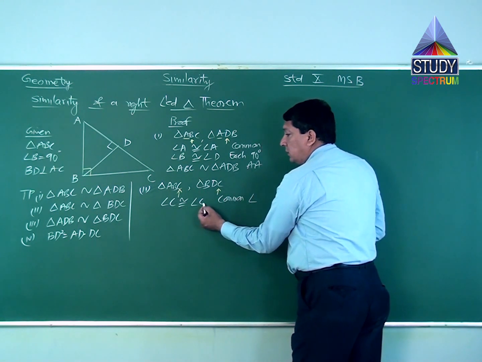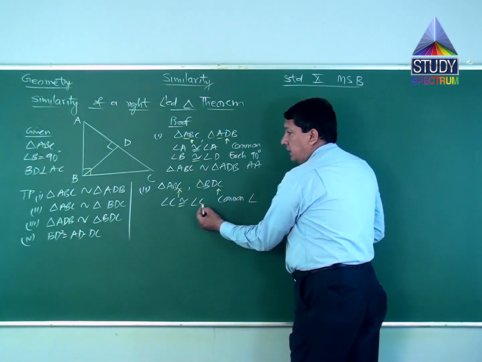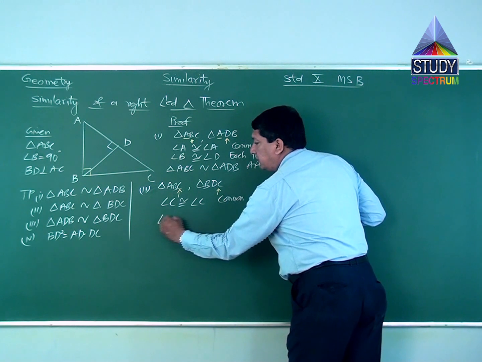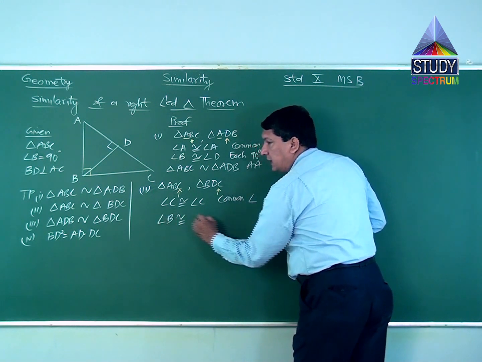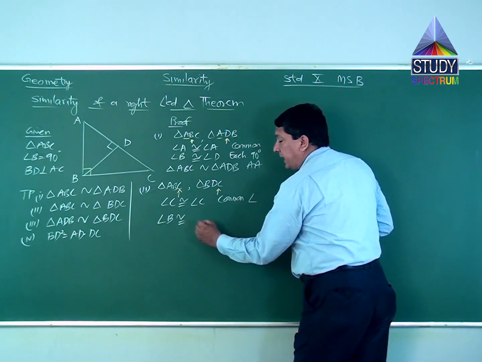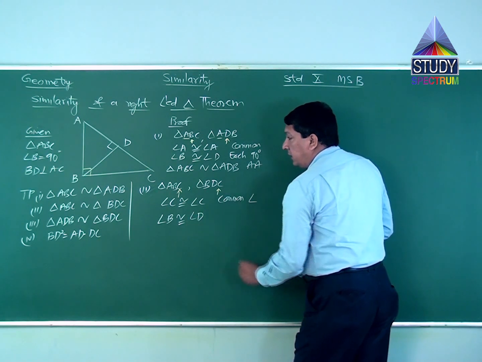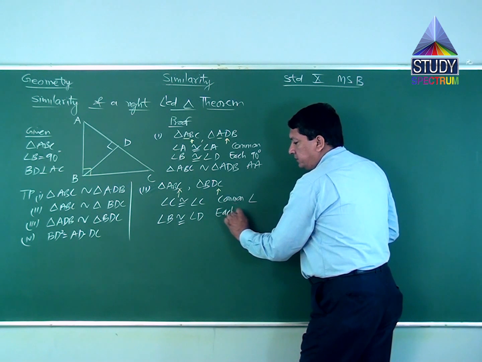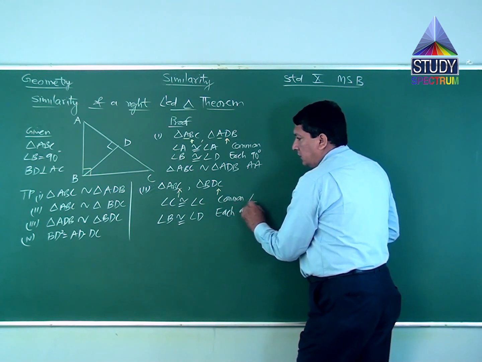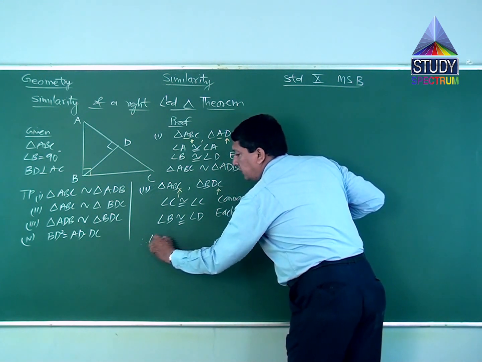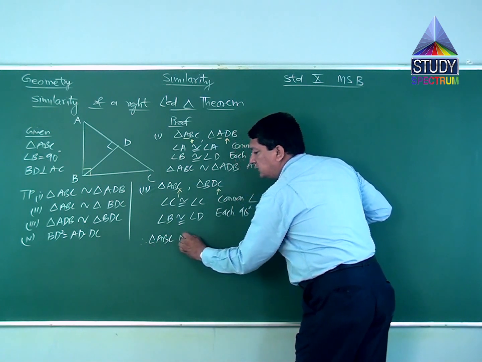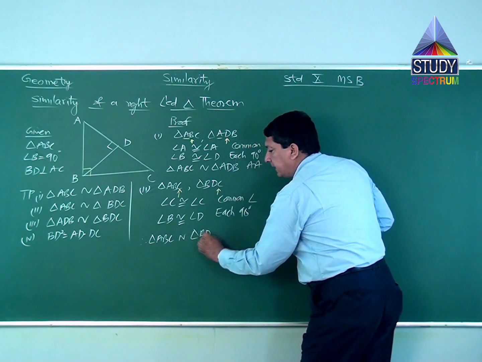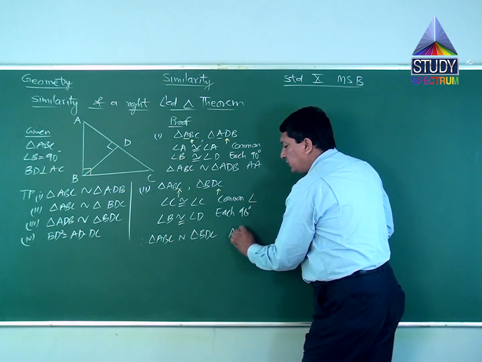So angle C congruent to angle C, common angle. Angle B of triangle ABC is congruent to angle D of triangle BDC. Why? Because each angle is 90 degree. Therefore, we can say triangle ABC similar triangle BDC by AA test of similarity.